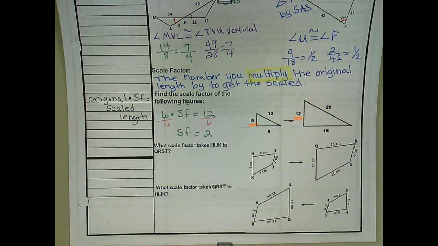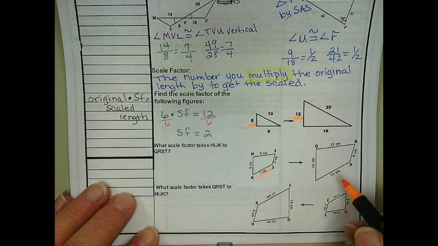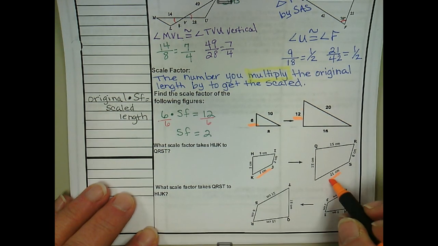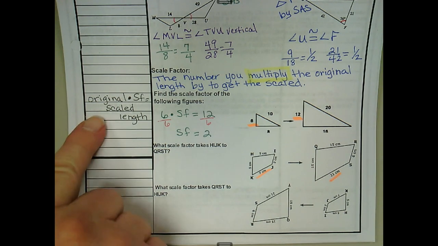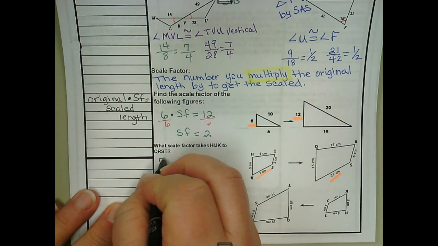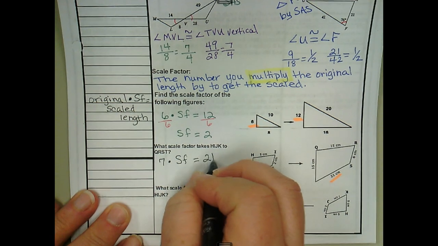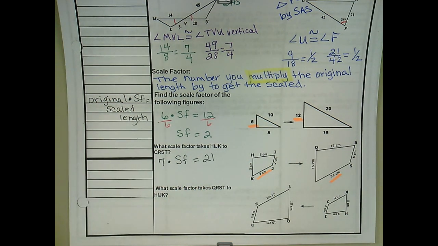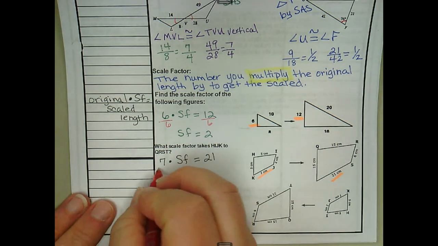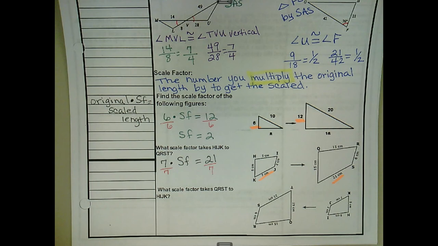Once again, let's look for corresponding pieces. You can do any of them. So if I wanted to take 7, what side corresponds to 7? 21. We use our equation. So 7 times your scale factor will give you 21. We have to divide both sides by 7. And our scale factor is 3.